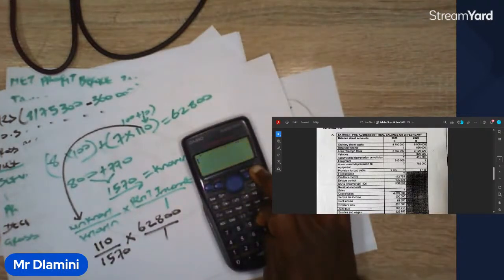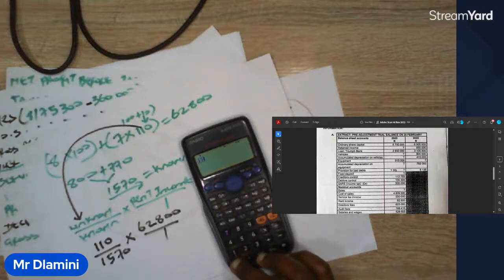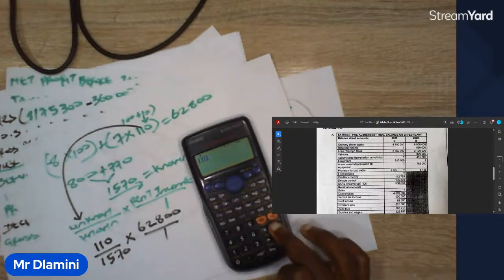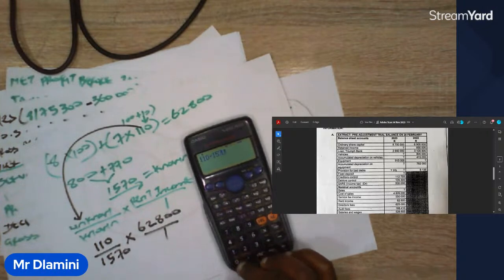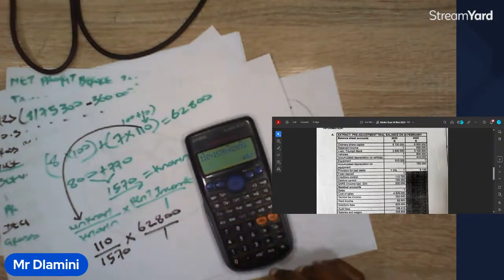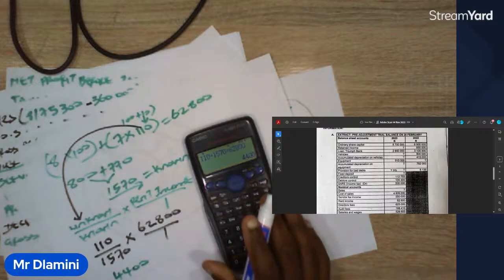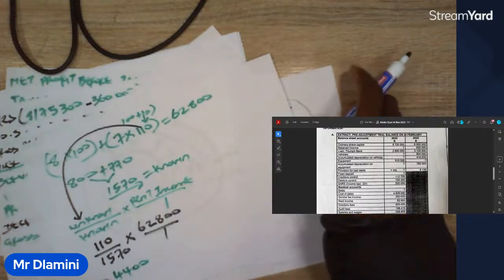Basically you are saying 110 divided by 1570 times 62,800. So you get 4,400. Remember, the rand was more with how many months?